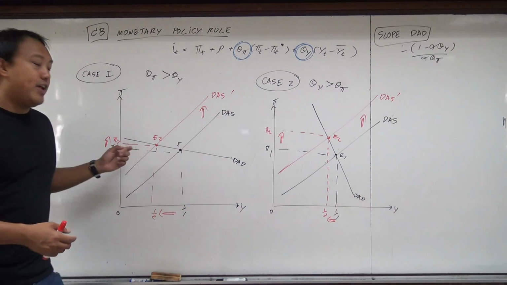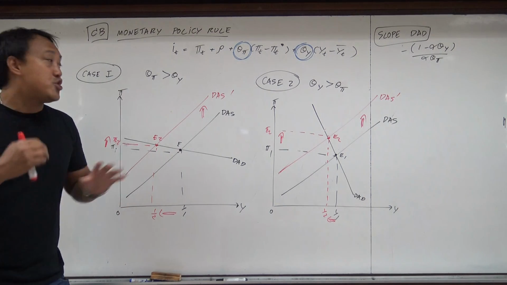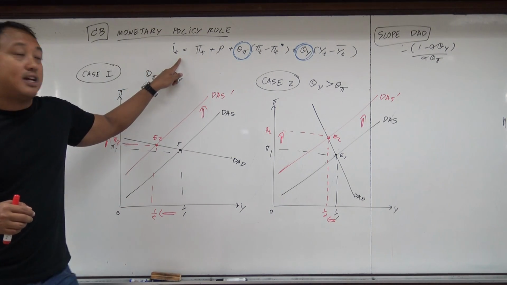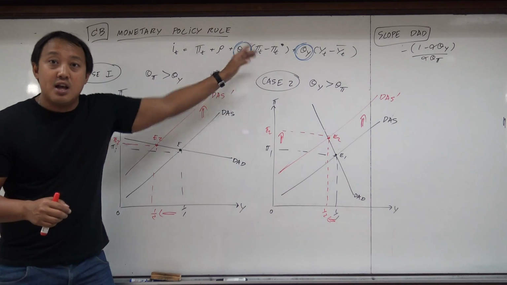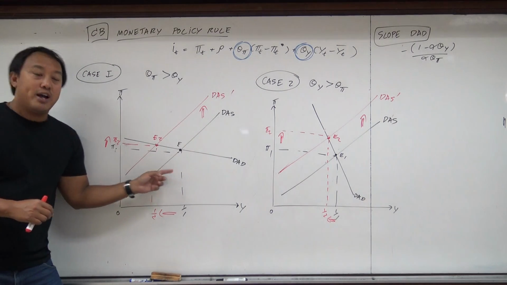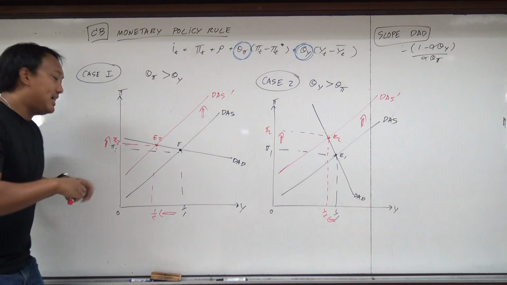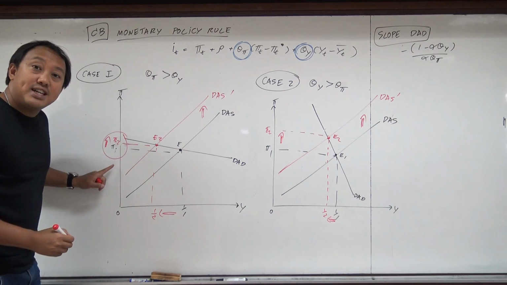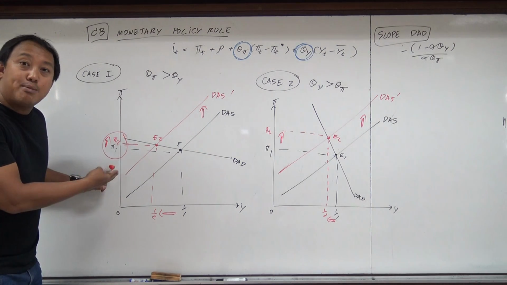So when you have the inflation problem, the central bank is going to change the nominal interest rate to solve the inflation problem first. So when you have a positive supply shock, inflation increases just a little bit, because the central bank cares about this one.